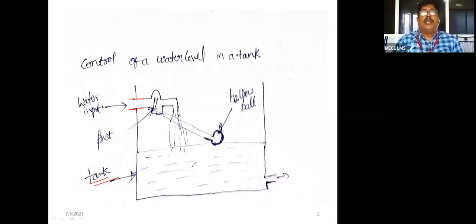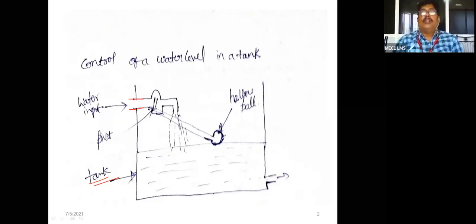When the water falls into the tank, what happens? Here the system is nothing but the tank. And here it is a pivot connected, that means a connecting rod with the hollow ball.